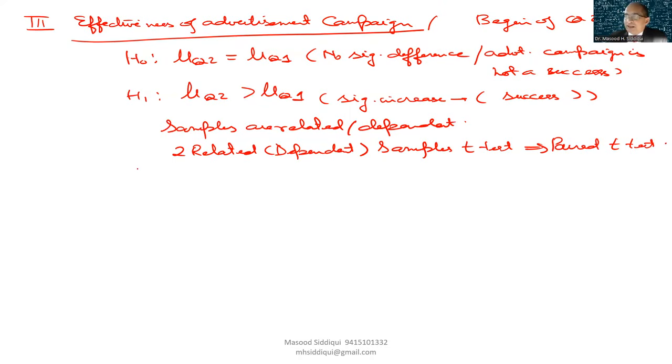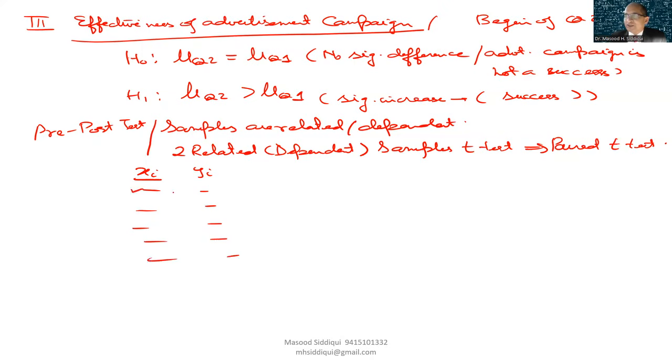Suppose we have data xi and yi, right? So xi is one sample and yi is another sample. This is also known as a pre-post test. Pre means before the advertisement and post is after the advertisement. So we have these values.